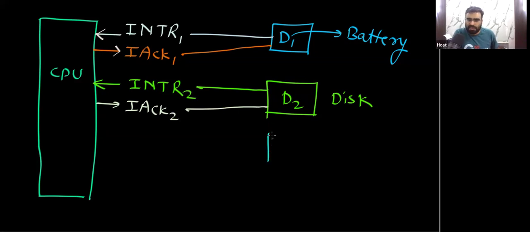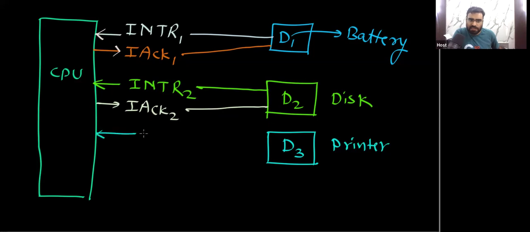And so on. Let's assume the next device, D3, is maybe a printer. For this printer also we will have a dedicated interrupt pin on the CPU, and an acknowledgement pin also.